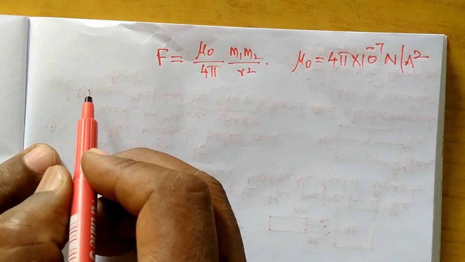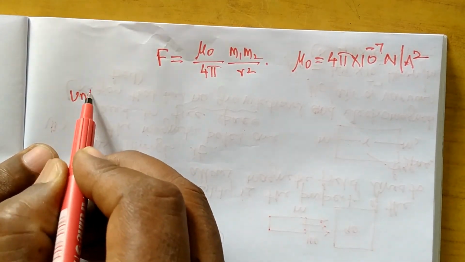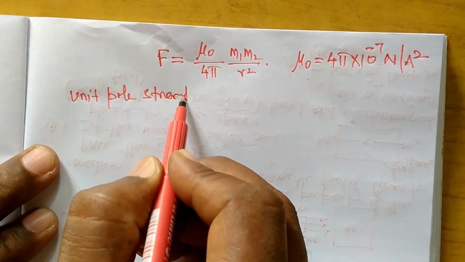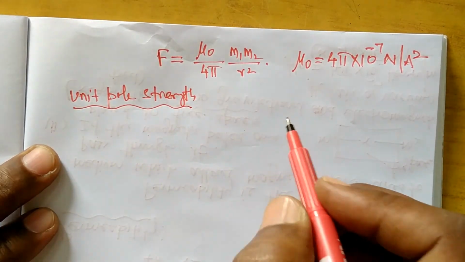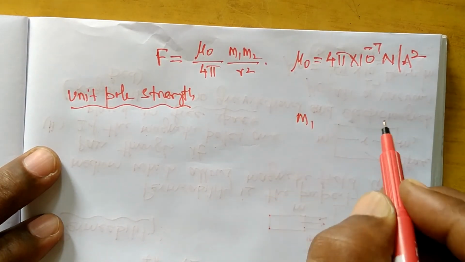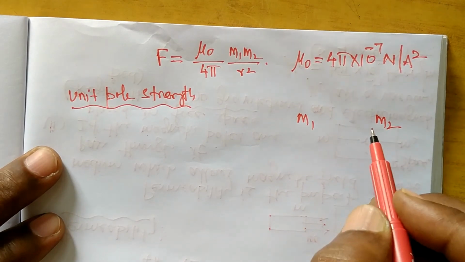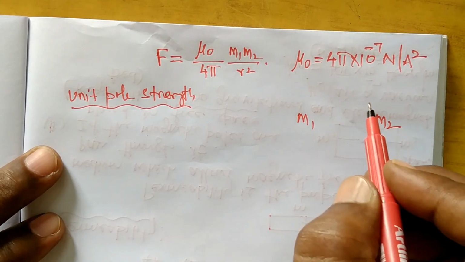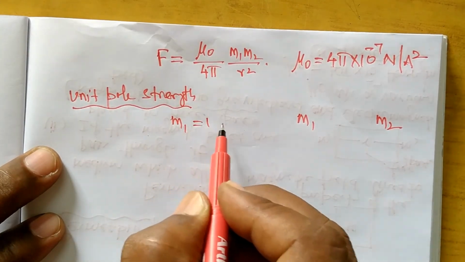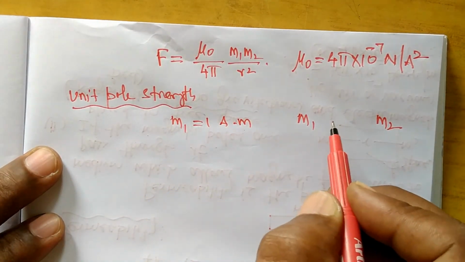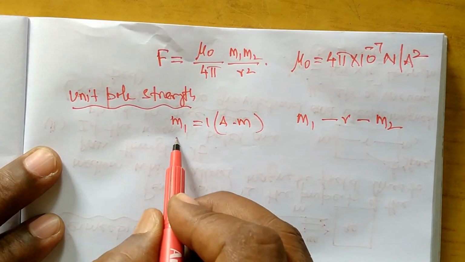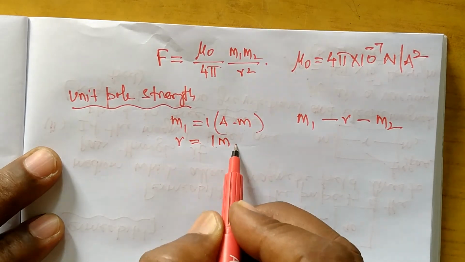Now, let us define what is unit pole strength. Suppose we assume that there are two isolated poles, M1 and M2, whose magnitude is 1 ampere meter each. They are separated by a distance r, and let this distance r between them be 1 meter.